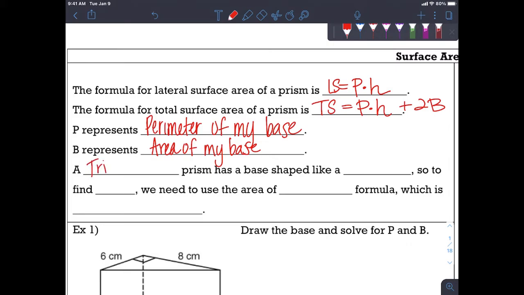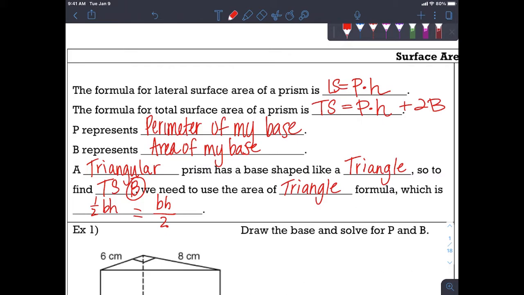So, a triangular prism has a base shape like a triangle. To find total surface area, or my B value, my base, we need to use the area of a triangle formula, which is 1/2 BH, and sometimes written like this.